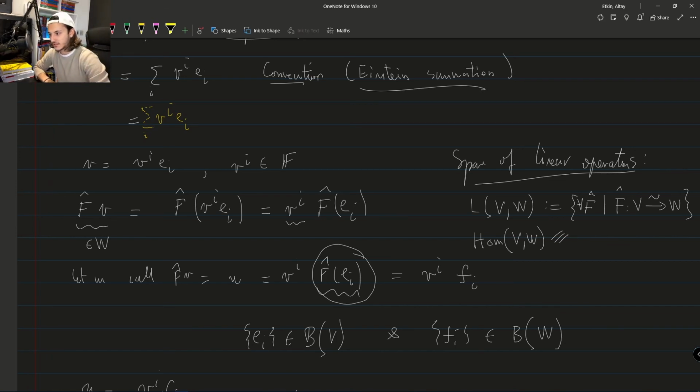So you use either this one or this one. And for dual spaces, as we will see, if you choose W to be a field, then you get the dual vector space, the set of all dual vectors. We will discuss that in another episode.